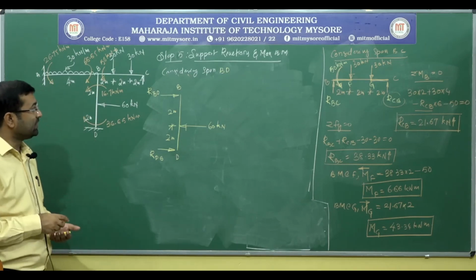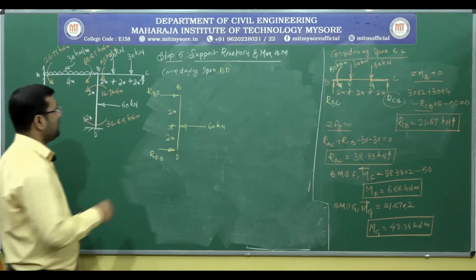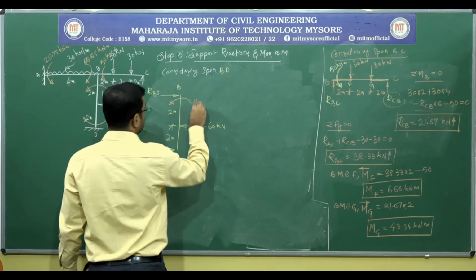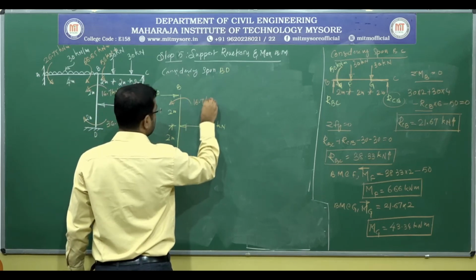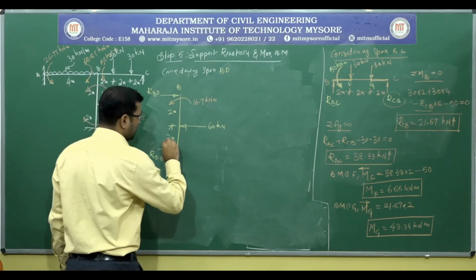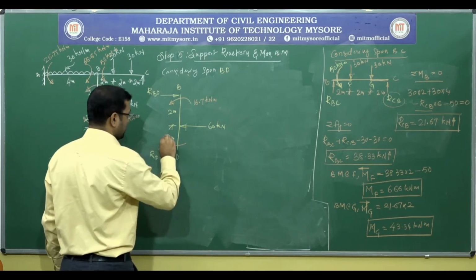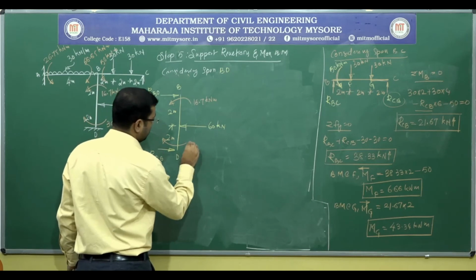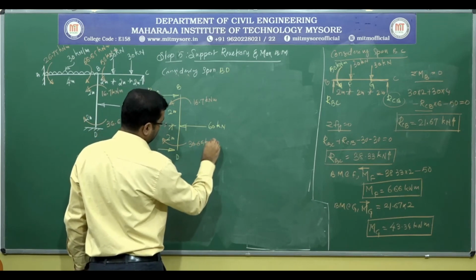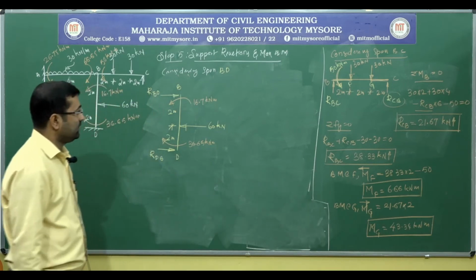Apart from these, we have two end moments. At B we have one end moment as 16.7 kilonewton meter, and at D we have one more end moment, that is 36.65 kilonewton meter, right?